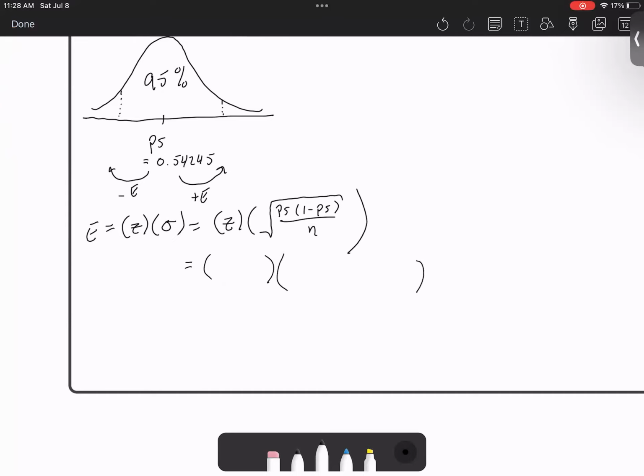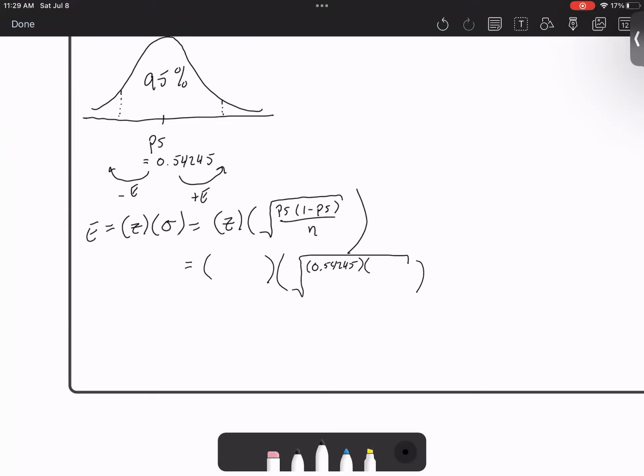Let's go ahead and replace all the variables that we know. P sub S is the center of our distribution, 0.54245.